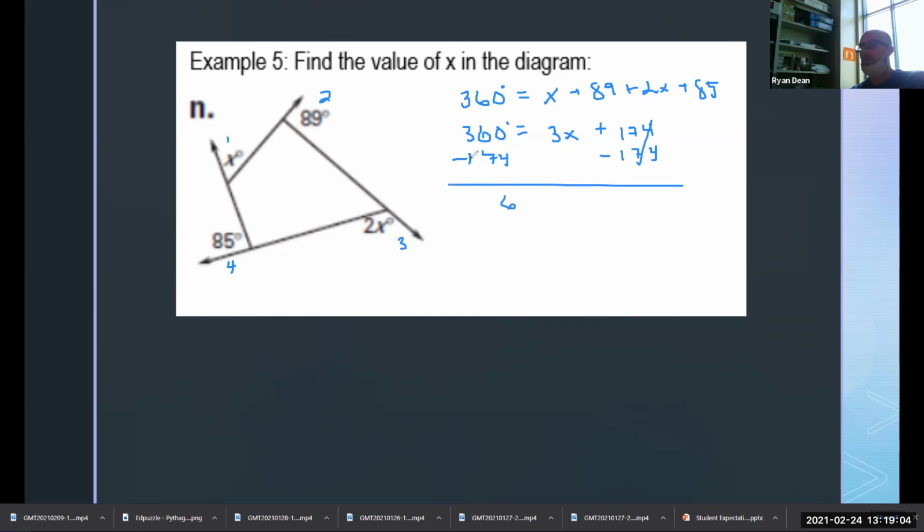This gives me 186, which is equal to 3x. Divide by 3 on both sides. X is 62. That's what they wanted. They wanted us to find x. X is 62 degrees for this one.